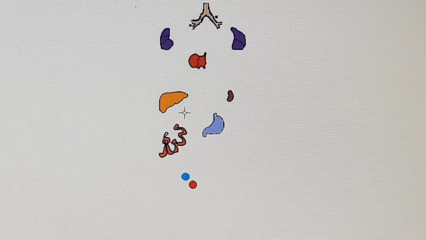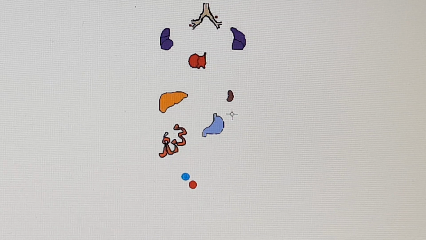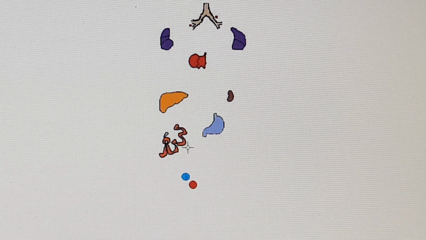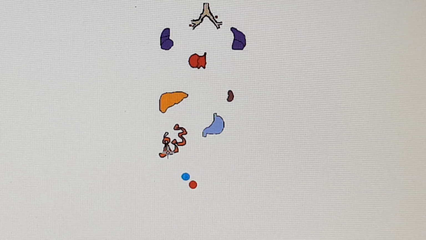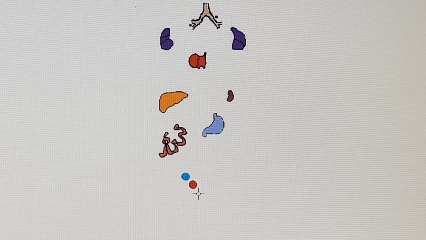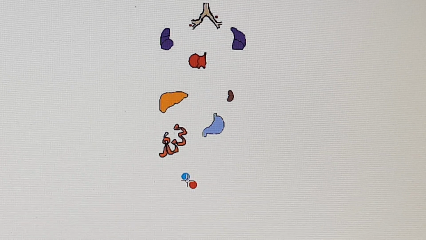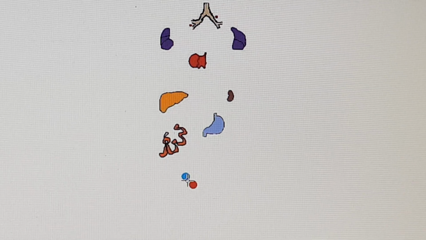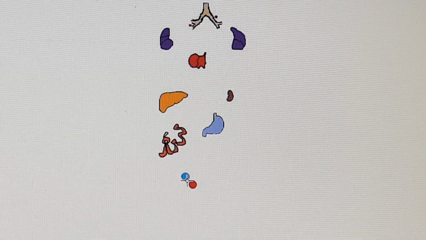The liver below the diaphragm is on the right side, the spleen is on the left side, the stomach is on the left side, the jejunal loops are in the left upper abdomen and ileal loops are in the left lower abdomen. In the retroperitoneum, the aorta is a left-sided posterior structure, the IVC is a right-sided anterior structure. So, this we all know is the normal anatomy in a normal fetus.